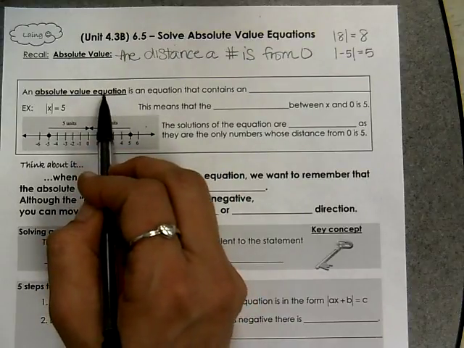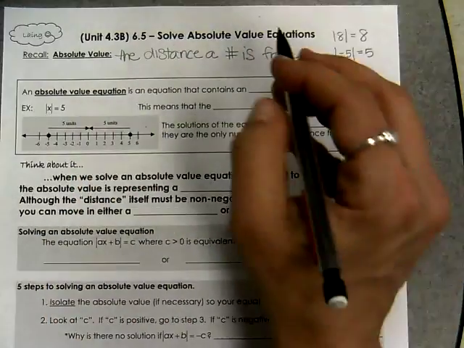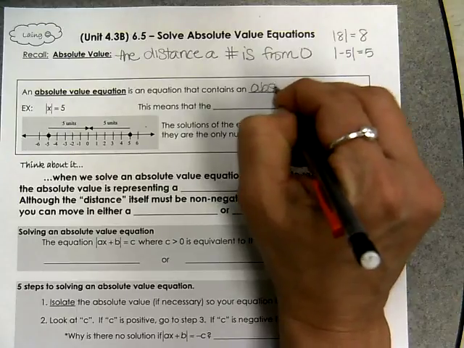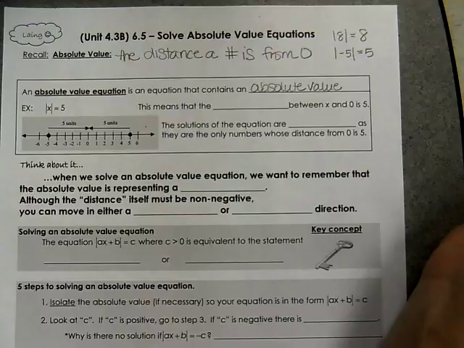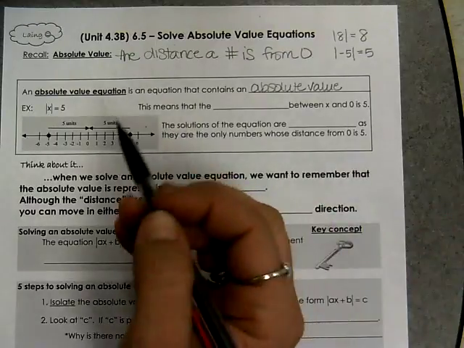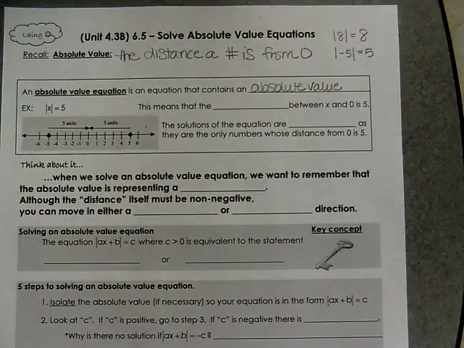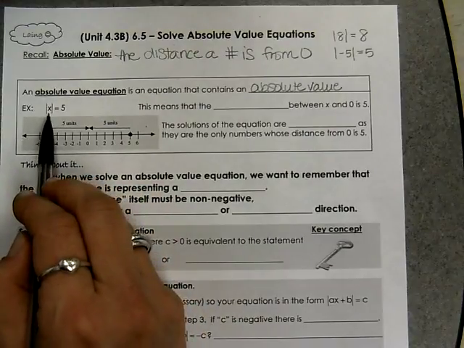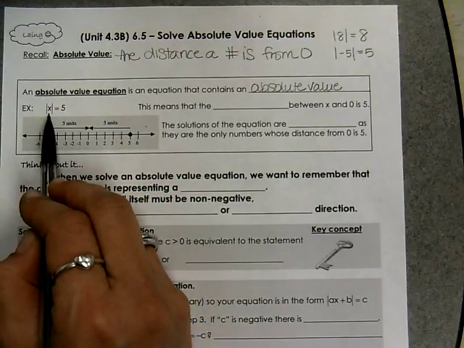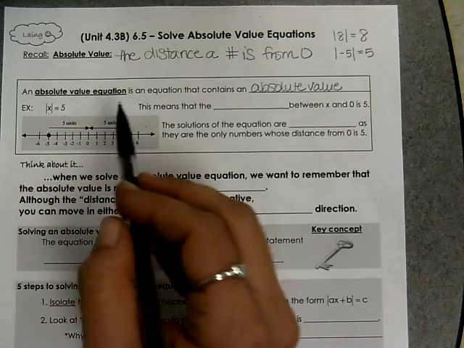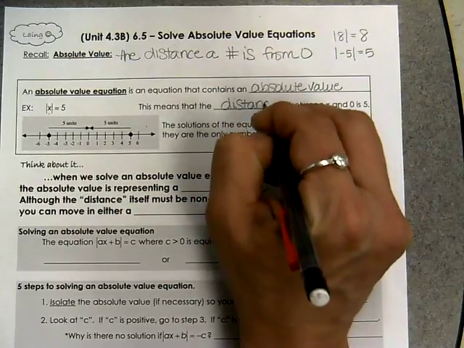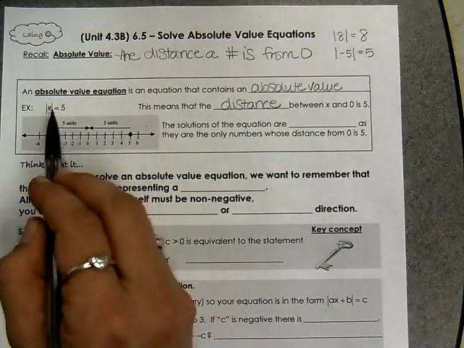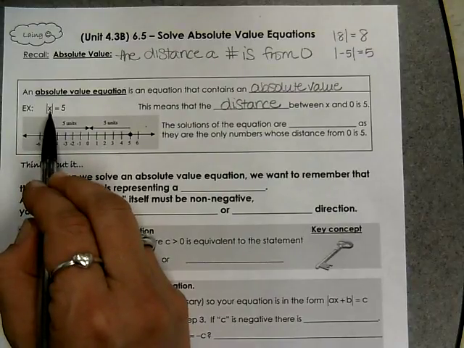Well, an absolute value equation is an equation that contains an absolute value, basically with a variable inside. So a very simple example is this equation here. The absolute value of x equals 5. What that really means is that the distance between x and 0 is 5.